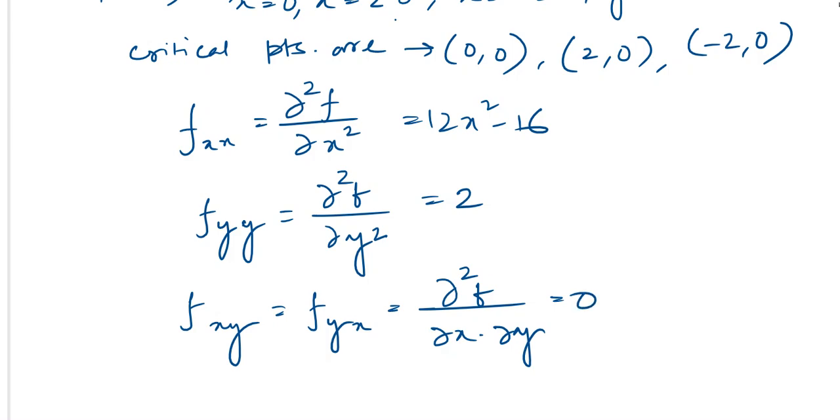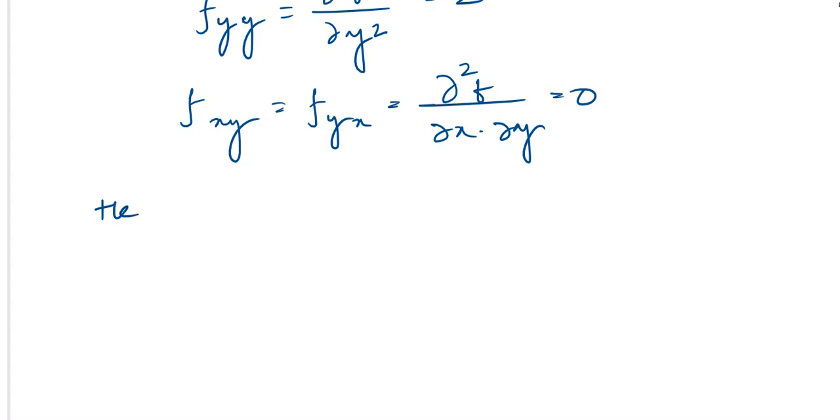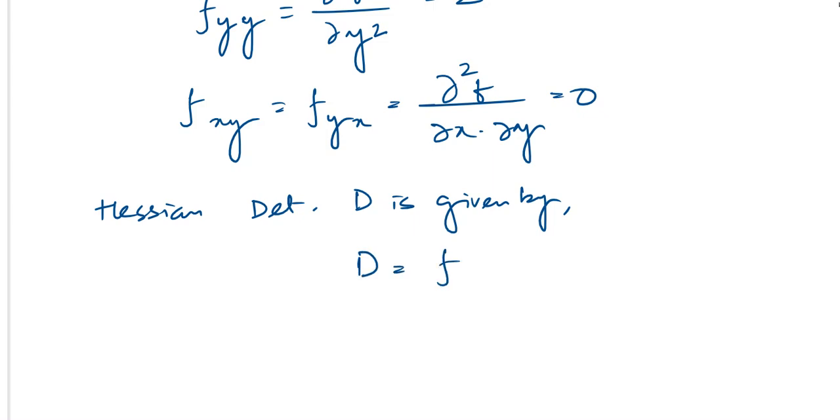The Hessian determinant D is given by D equals f of xx into f of yy minus f of xy whole square. Evaluate D at the critical points.